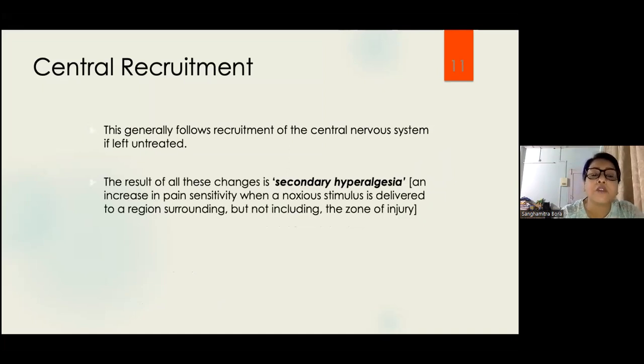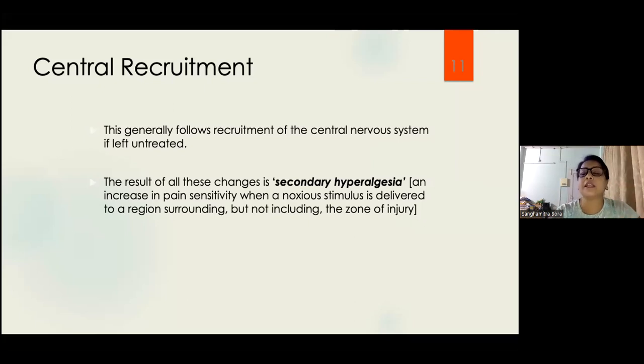And as a result of all these changes, a phenomenon called secondary hyperalgesia comes, which is an increase in the pain sensitivity when a noxious stimulus is delivered to a region surrounding but not including the zone of injury. For example, if there is an injury in the elbow joint, the whole of the shoulder joint and the whole of the hand will start paining, even if you are not actually touching the injured part.